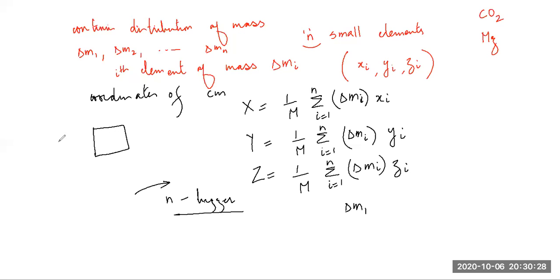If I divide it into 1 billion parts, the mass will decrease, obviously, so that the total mass is the same. So delta m would be smaller and smaller. So these expressions would become exact, right?